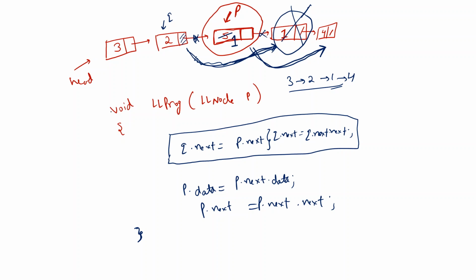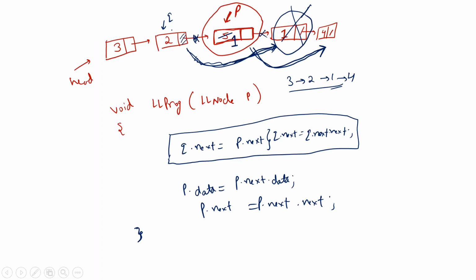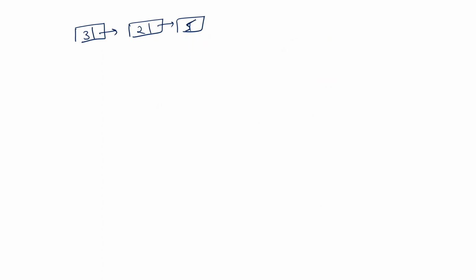Okay, so now the next question is, what if we have a linked list like this, and you are given a pointer only for this particular node, and now you want to delete this node?